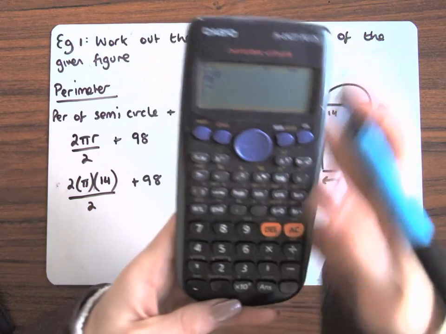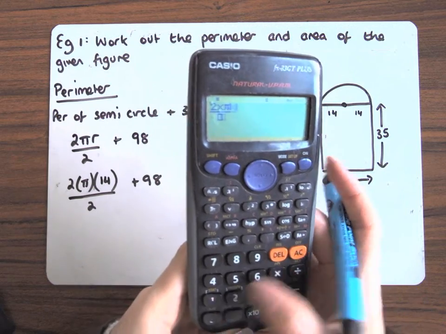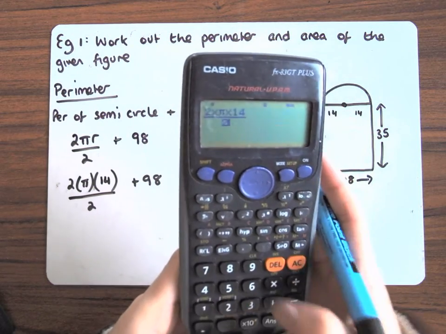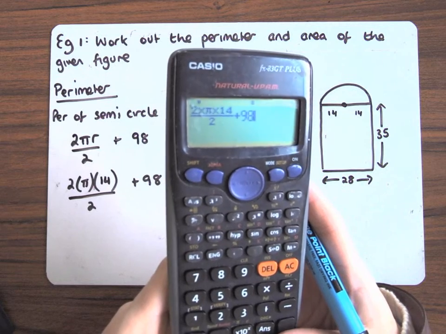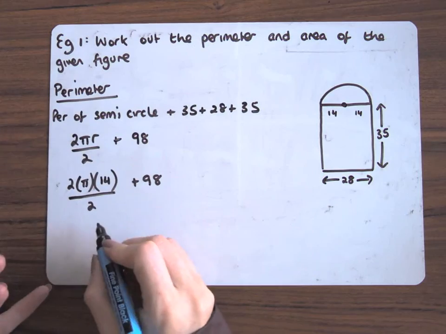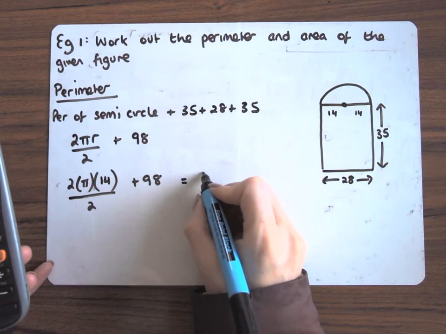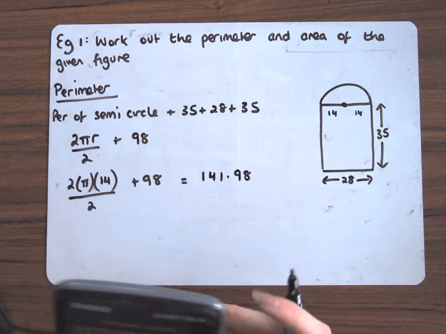So shift and the by 10, that gets me pi. 2 by 14 over 2 plus 98. Okay, 2 pi r over 2 plus 98, and that's what I get. So my answer is 141.98.